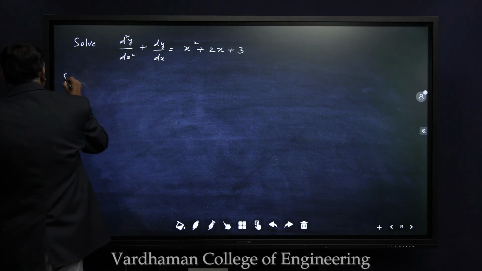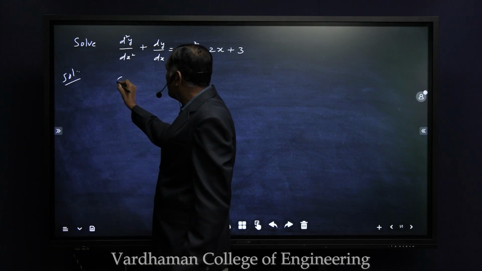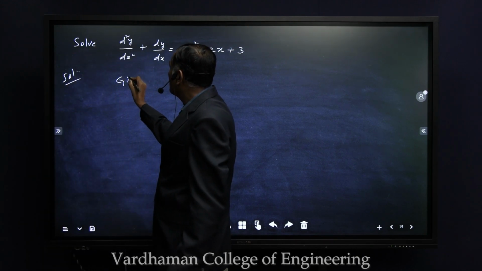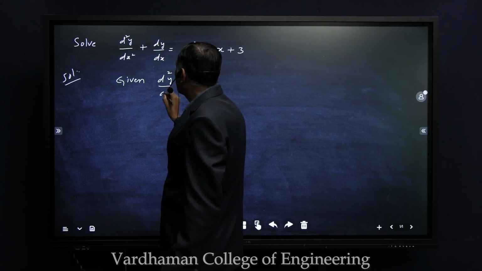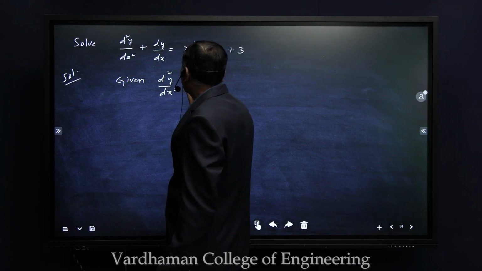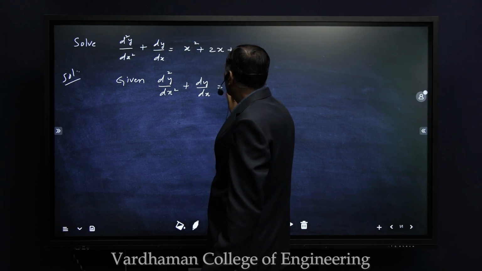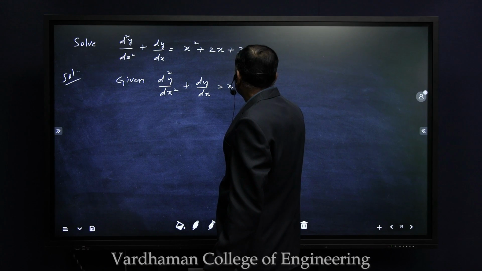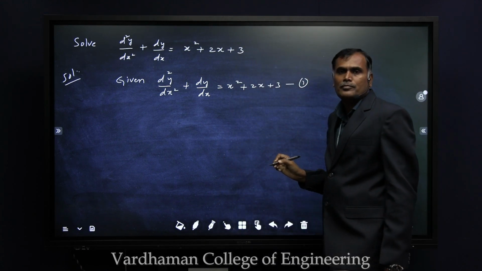Now this is the given problem: d square y by dx square plus dy by dx equals x square plus 2x plus 3.